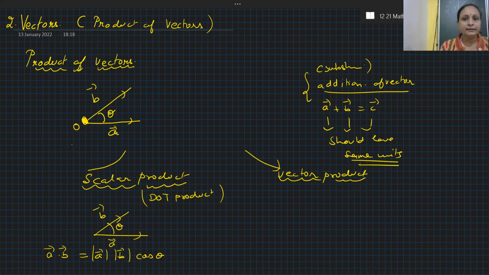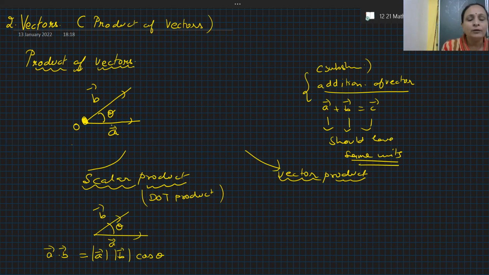The second important fact is that both the vectors should either be coming out of this point O or be entering this point O. That means they should be either going out or coming in.